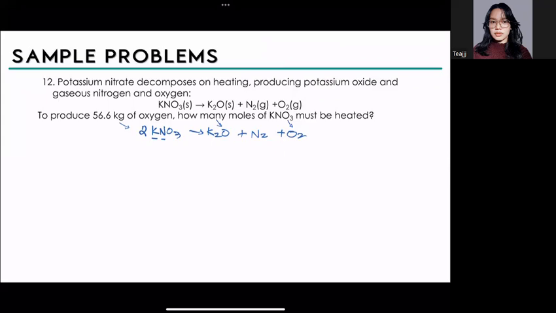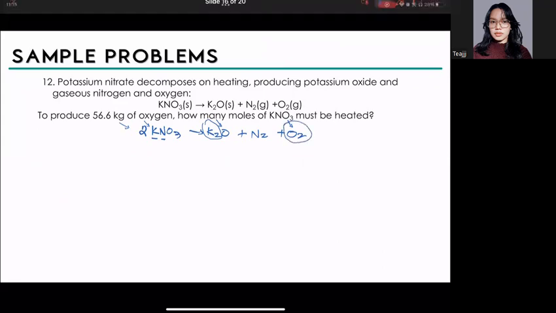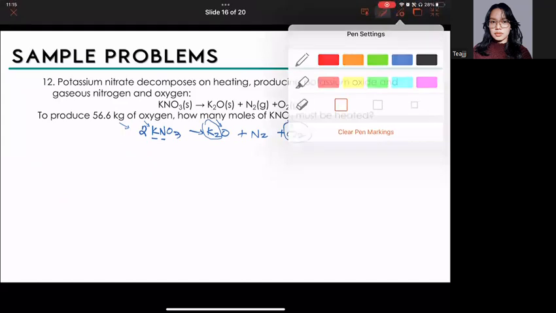So kailangan natin somehow 5 plus 1. Kasi ayaw na nating galawin yung K2O. Kasi kung galawin natin yung K2O, magagalaw din yung K dito sa left, di ba? So what we need to do is to change this somehow para magkaroon tayo ng 5. How do we do that?